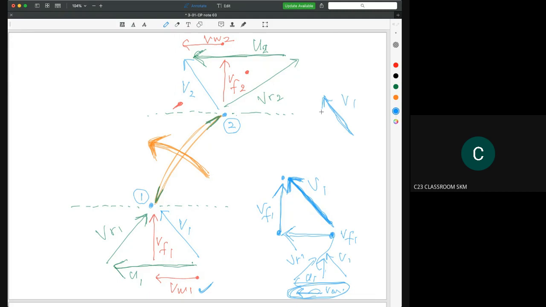So you have the component VF1 here, and suddenly you will have it here. So it's not right. Maybe you could say that this is a vector, we could reverse it. That's 50-50, not 100% correct, because the distance from here to here may be different from the distance from here to here.